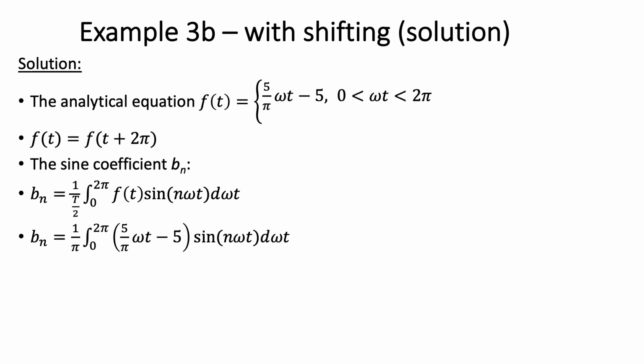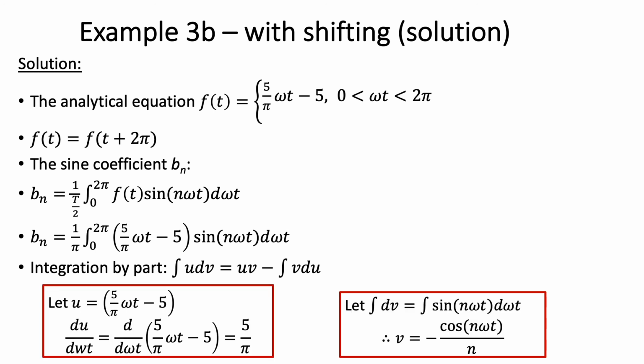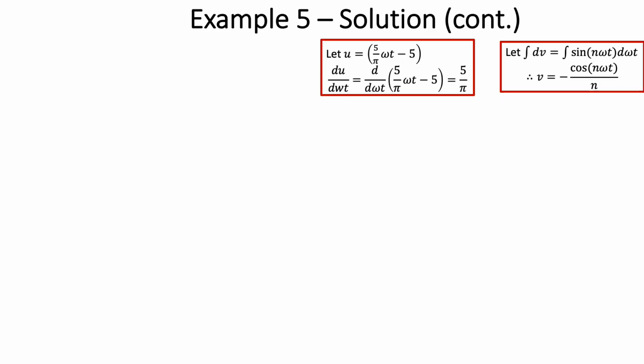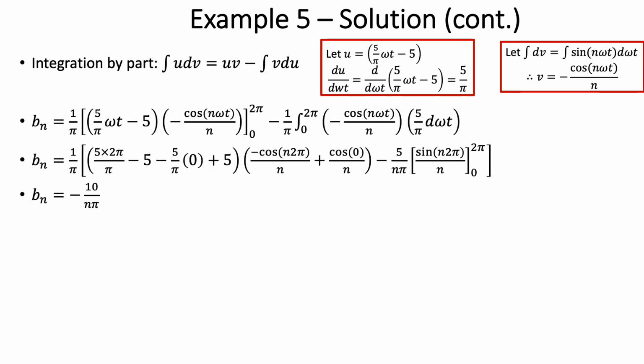Putting the new equation f(t) into our b_n coefficient formula, we have b_n equal 1 over pi integral of 0 to 2 pi of 5 over pi omega t minus 5 times sine n omega t d omega t, and we have to do integration by parts. Proceed with the integration by parts.